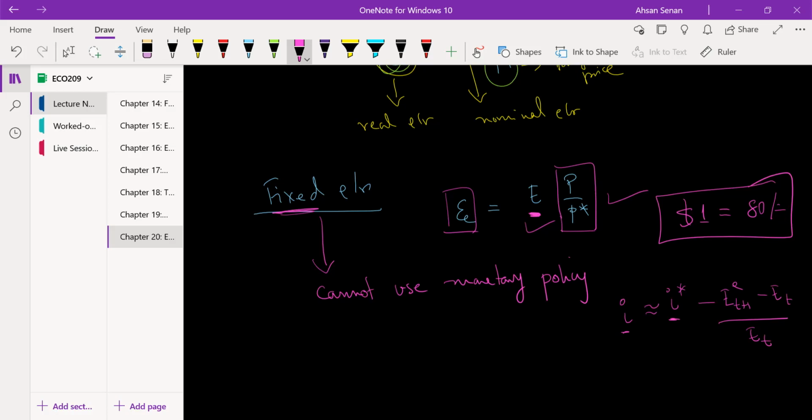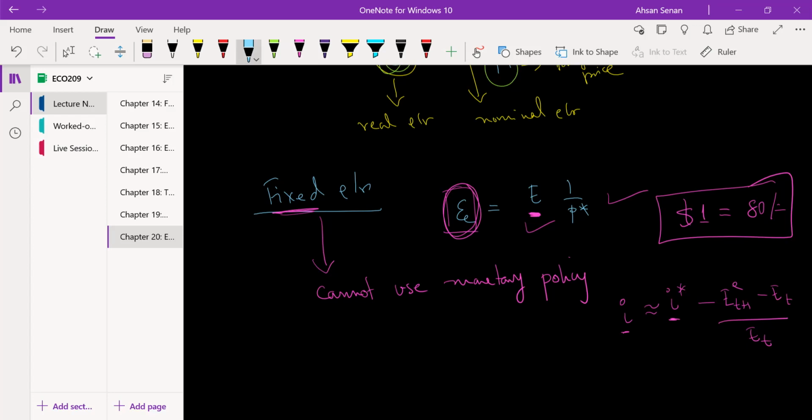This is quite a bad thing, of course, but there is one thing that you need to consider: this is only a bad thing in the short run. In the medium run, prices are no longer fixed. So what you need to realize is that in the short run, the real exchange rate may be fixed.